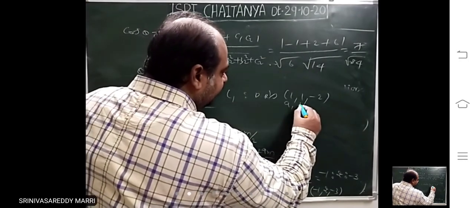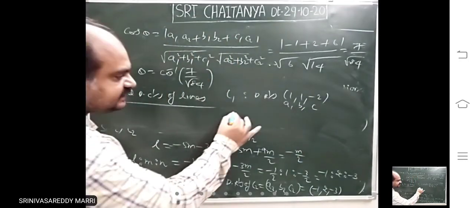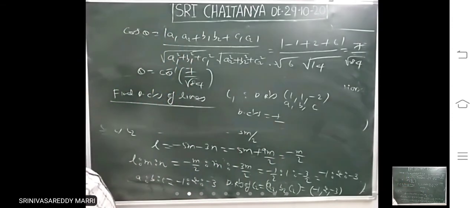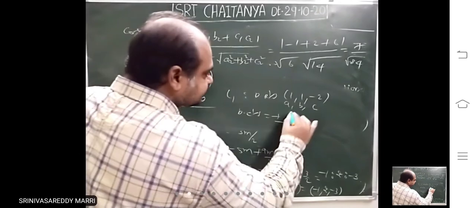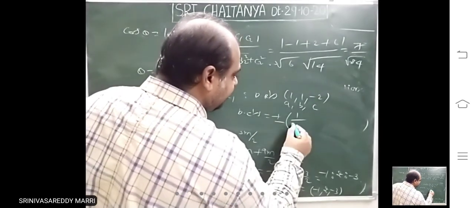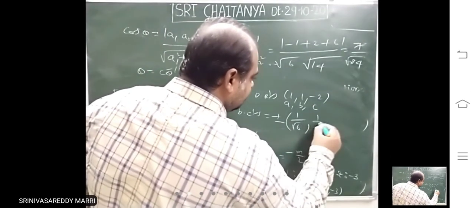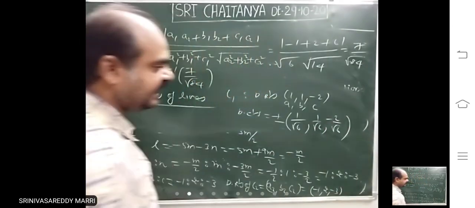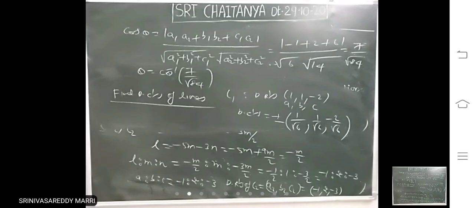For line 1, these are DRs. DCs means you can easily calculate. Instead of angle, he will ask what are the DCs of lines. Plus or minus 1 divided by root 6, 1 divided by root 6. You have already calculated DRs. You can calculate easily DCs.